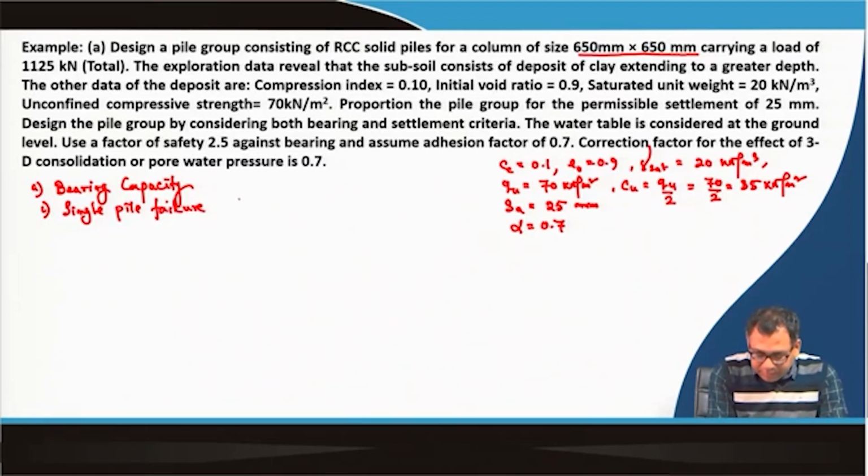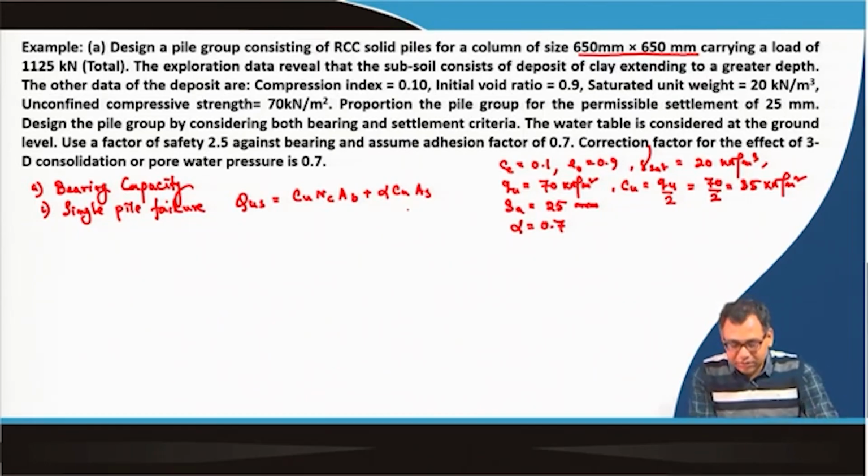For single pile failure, Qus will be Cu Nc Ab plus alpha Cu As, that we know, the equation is given. The first one is the tip resistance, the second one is the friction resistance for the clay.